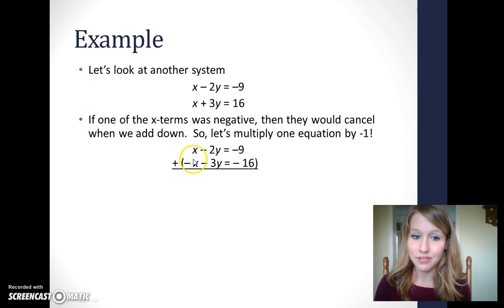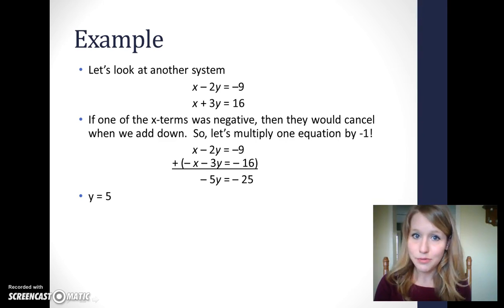So when we add down, we have an x plus a negative x, which gives us 0. We have negative 2 plus a negative 3, which gives us negative 5. And we have a negative 9 plus a negative 16, which gives us negative 25. So if we divide by negative 5 on each side, then we get y equals 5.